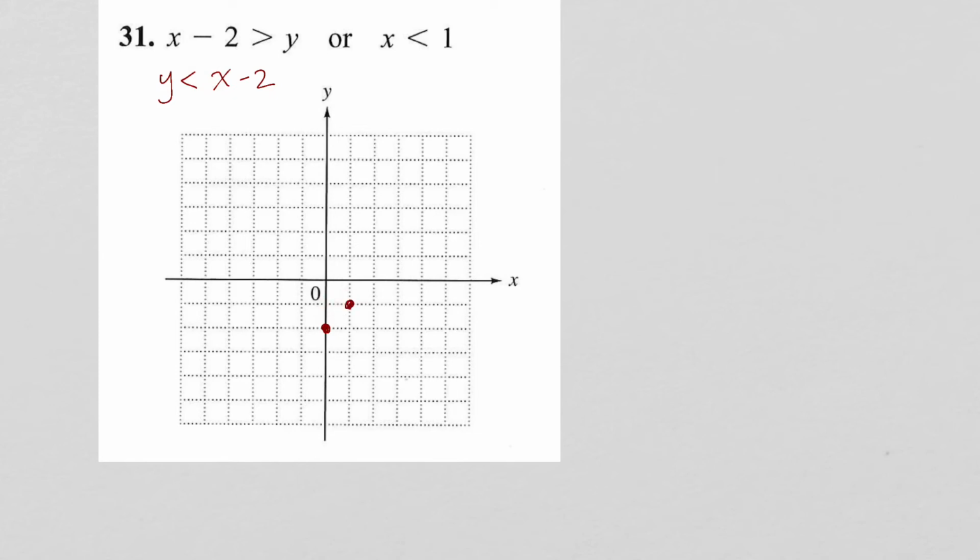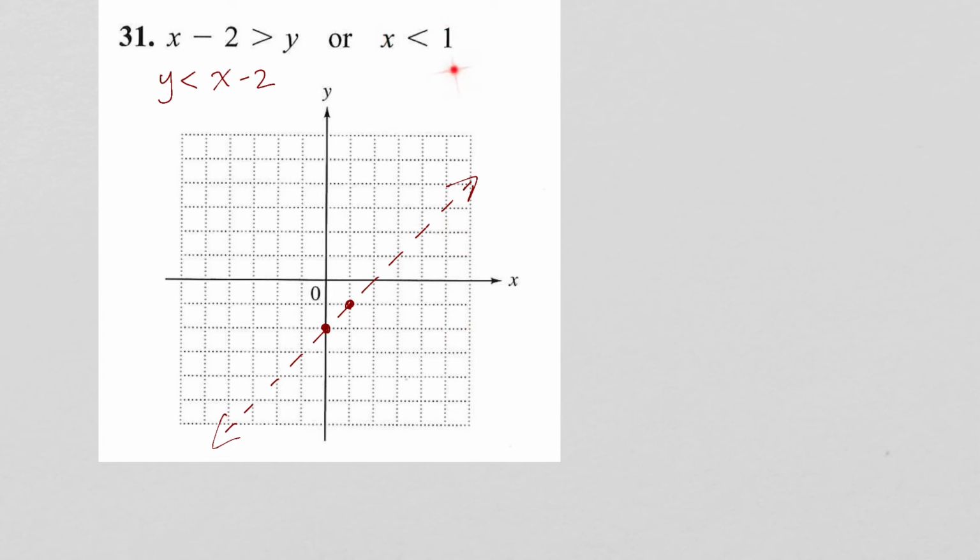There's just a less than, no equal, so when I graph this, I'm graphing a dashed line. Okay, now, because this is a less than, I'm shading to the lower side of this.